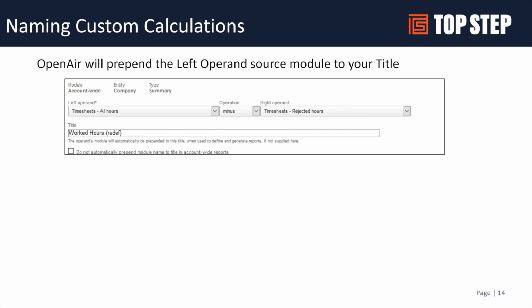So if I'm choosing timesheet all hours as my left operand, if I don't check the box, do not automatically prepend module, it's going to put a timesheet dash worked hours redefined. So it's going to bury my calc inside of my timesheet module summary values. And you may want that. That may be what you want. But if you don't want that, what we recommend is you can use this do not automatically prepend option.